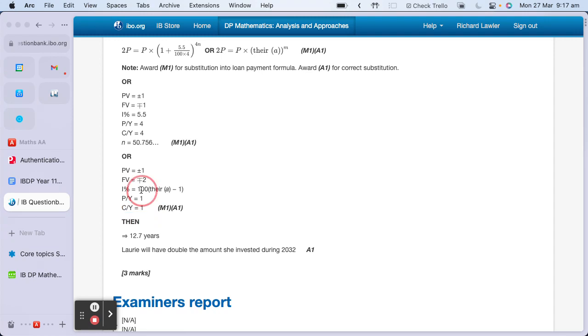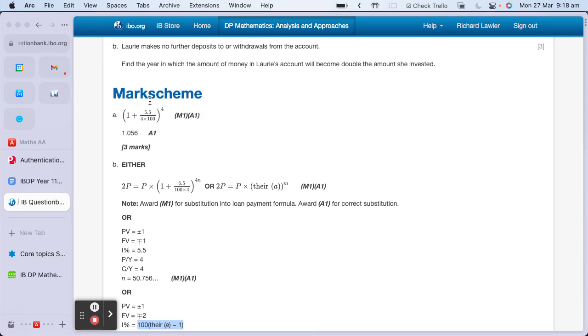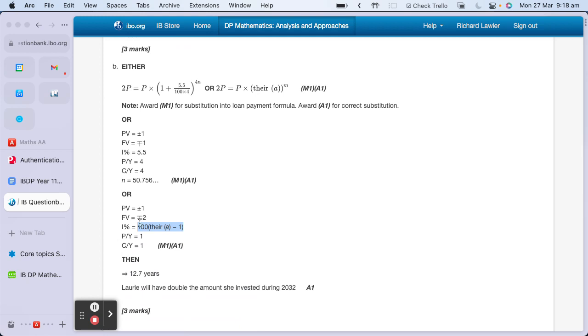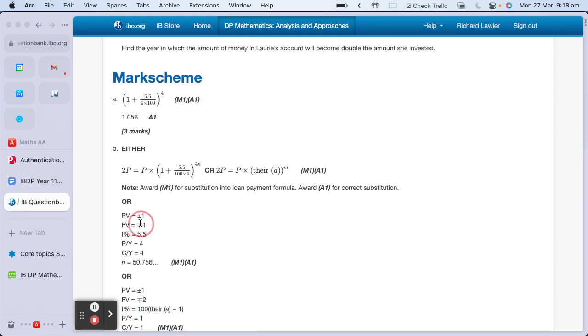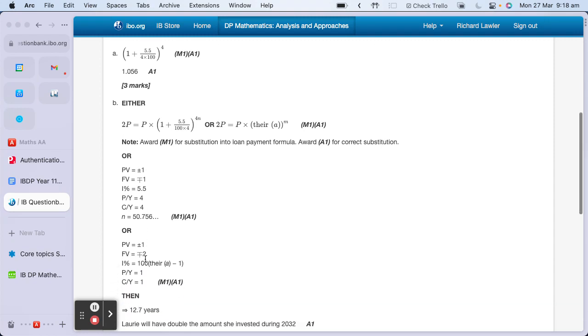So if you use the interest rate that you got from dividing the per annual interest rate by 4, that's why you would do it that way. But as you can see, it's a bit more straightforward if you just ignore all that and go, well, I know what the interest rate is per annum, it's 5.5, put that in, and then just make sure my P/Y and my C/Y agree with each other. So there you go. So you'd put that in, and then you'd get your solution from there.